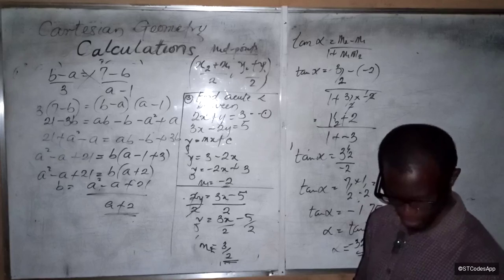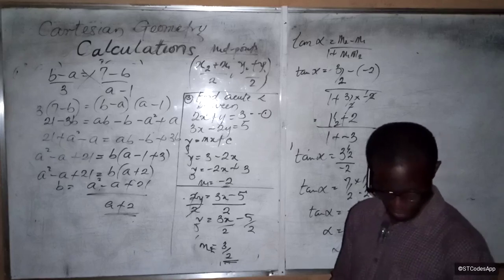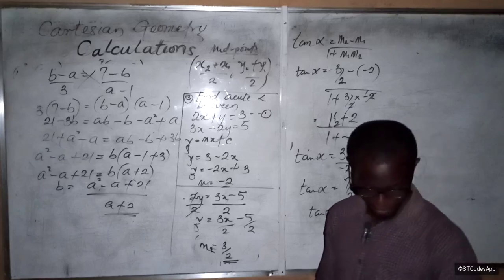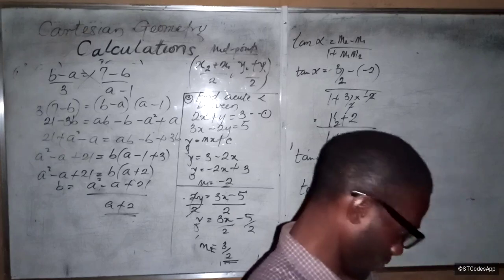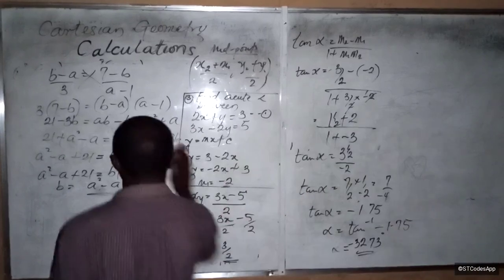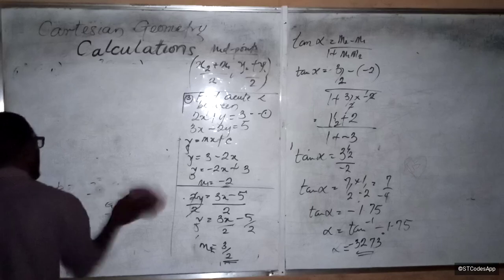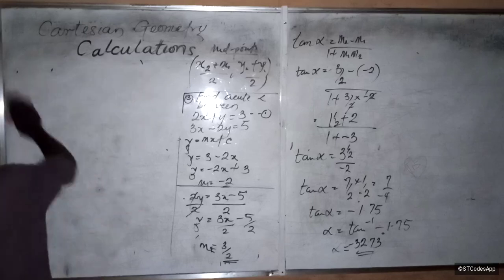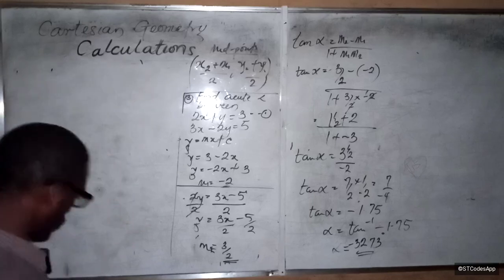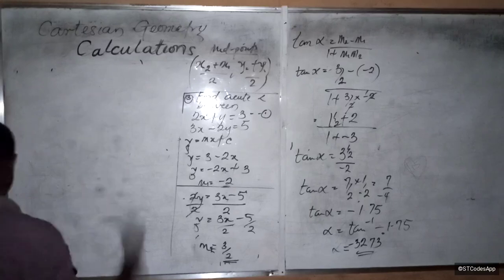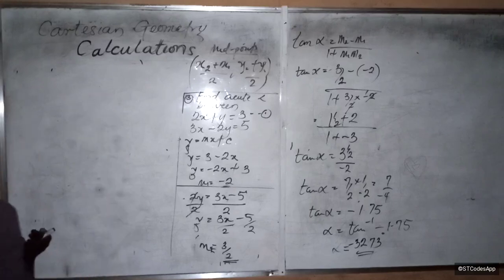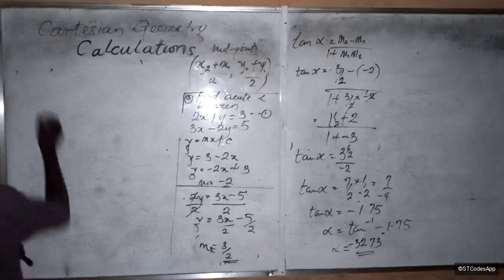The next question says, find the equation of a line. So you have to pay attention to this other one. This one is also commonly asked. It says, find the equation of the line passing through points.